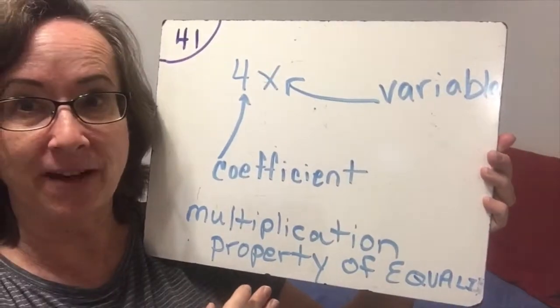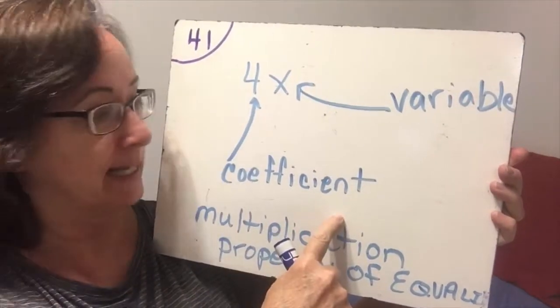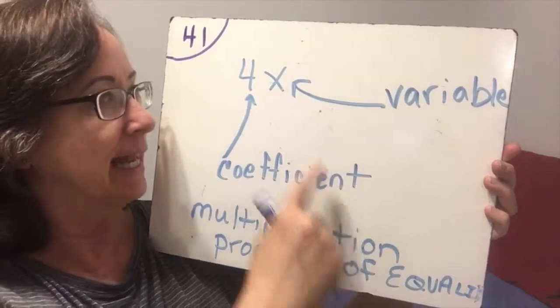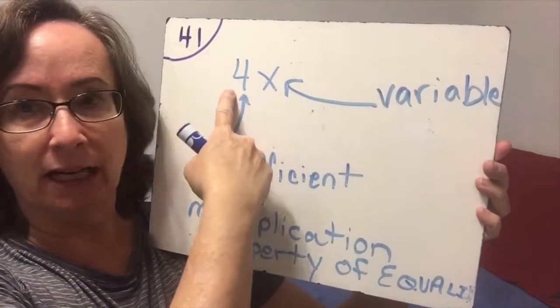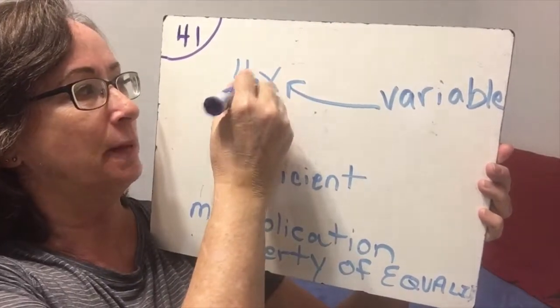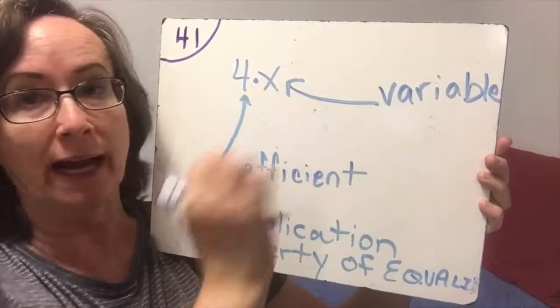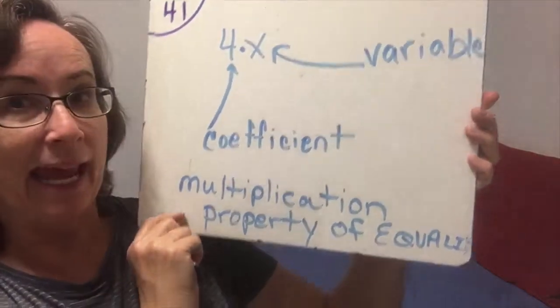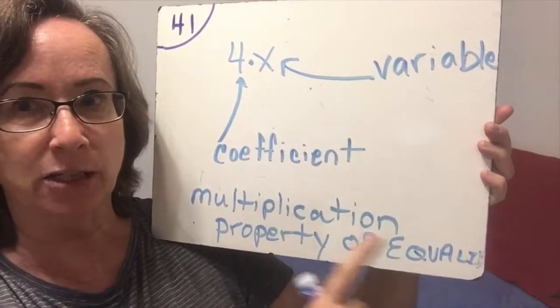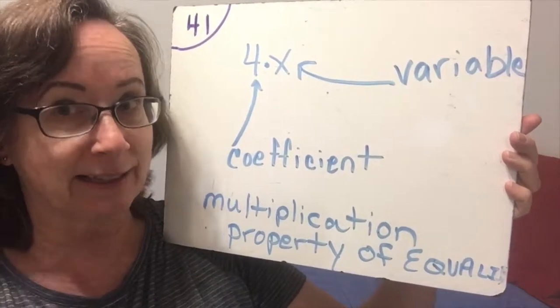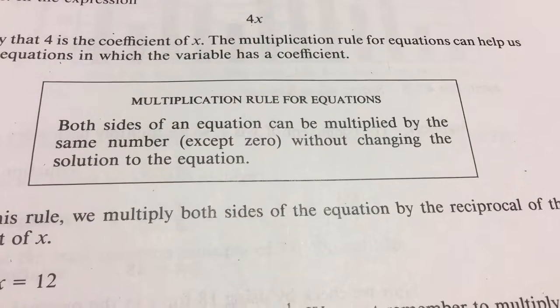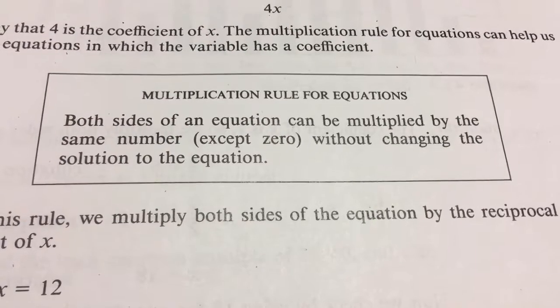Now we'll define what a coefficient is. A coefficient is a number that is in front of a variable, and that coefficient is multiplied by that variable. So 4x means 4 times x. And now we're going to talk about the multiplication property of equality, which your book calls the multiplication rule for equations.